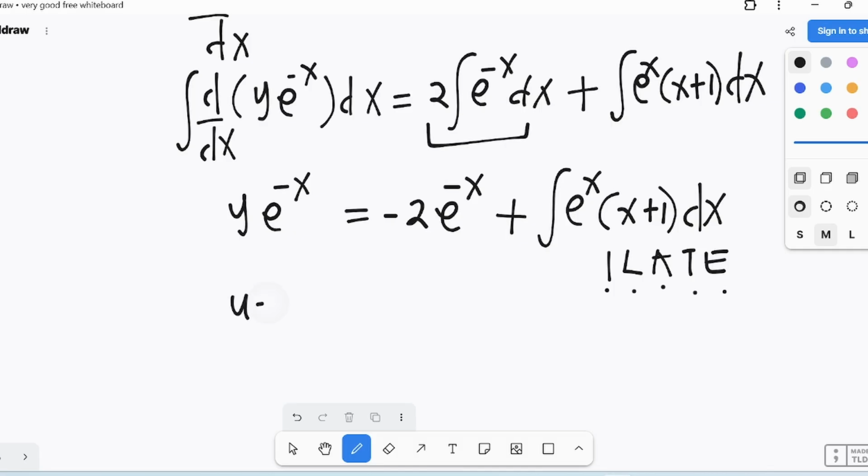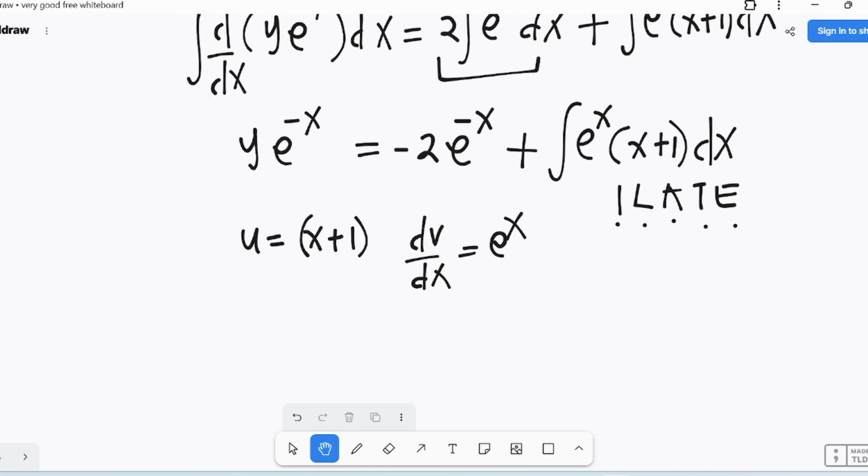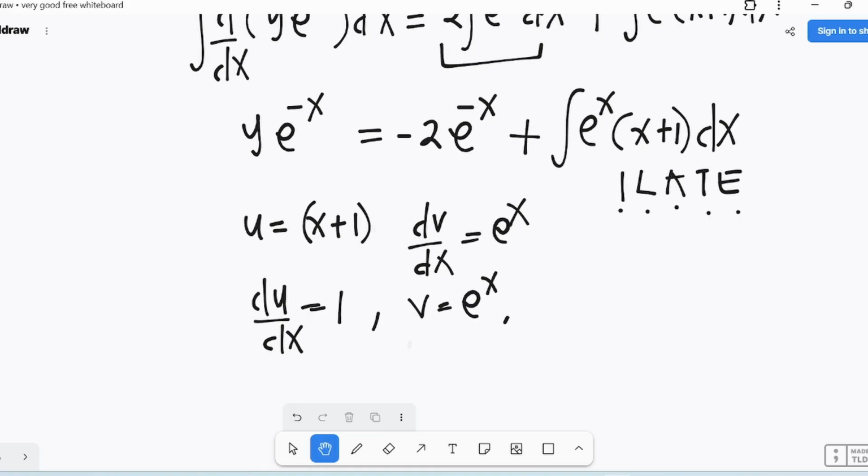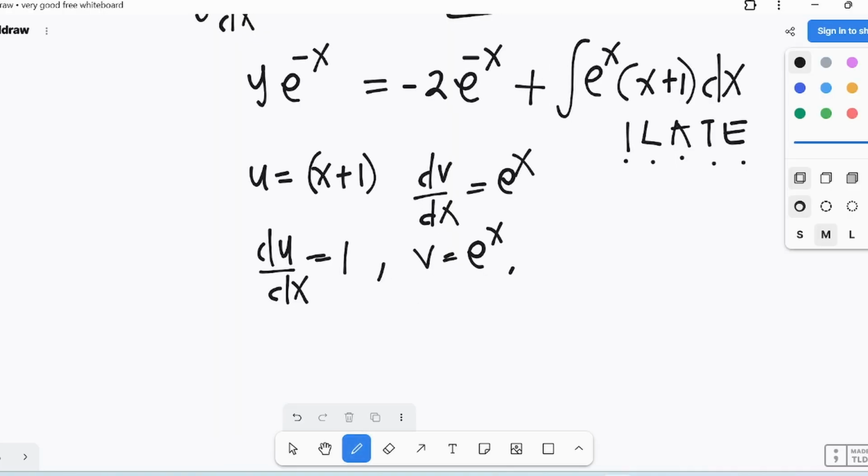Therefore we let our u be x + 1, and then our dv/dx is e^x. Therefore du/dx is 1, and then v is e^x. But remember, we are going to substitute into our by parts formula.